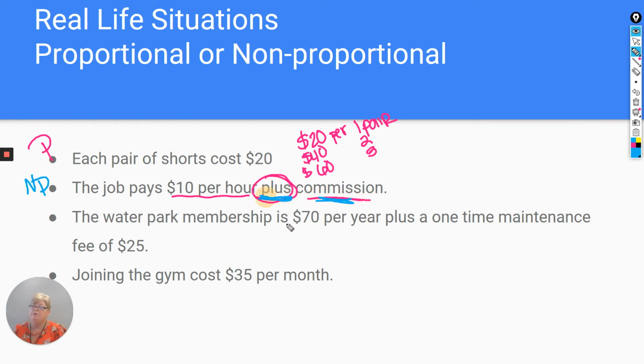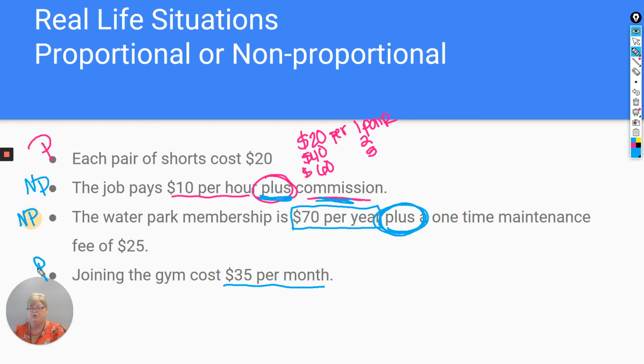The water park membership is $70 per year plus a one-time maintenance fee of $25. Well, this one's kind of tricky because right here it looks like it's going to be proportional, but then it throws in this word plus a fee, and this would make it not proportional. Joining the gym costs $35 per month.